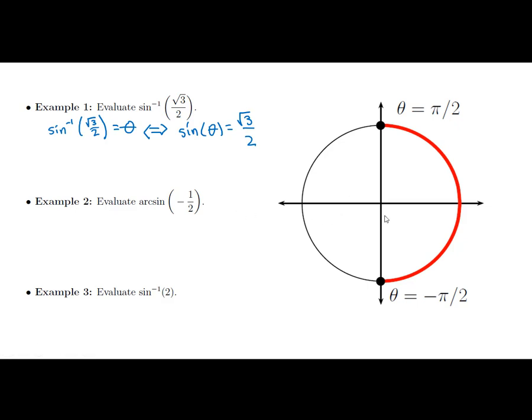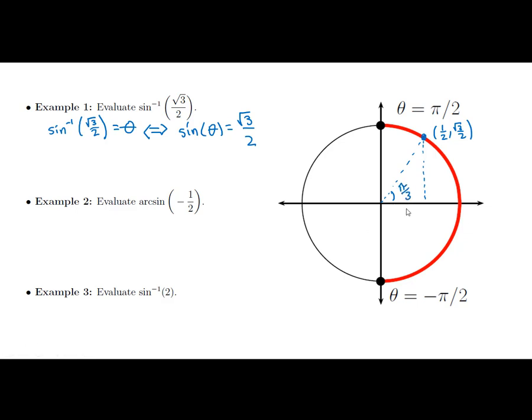Okay, so let's look. On this right half of the unit circle, when is the sine square root of 3 over 2? Well, the sine is the y value, so that would happen here, right? The square root of 3 over 2 is the longer side of the triangle that gets formed. So this is the point 1/2, square root of 3 over 2, and we know that that happens at the angle pi over 3.